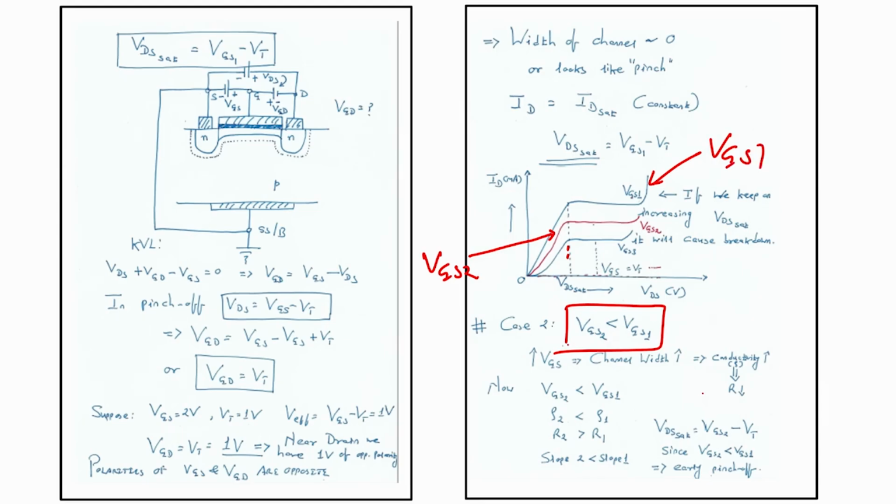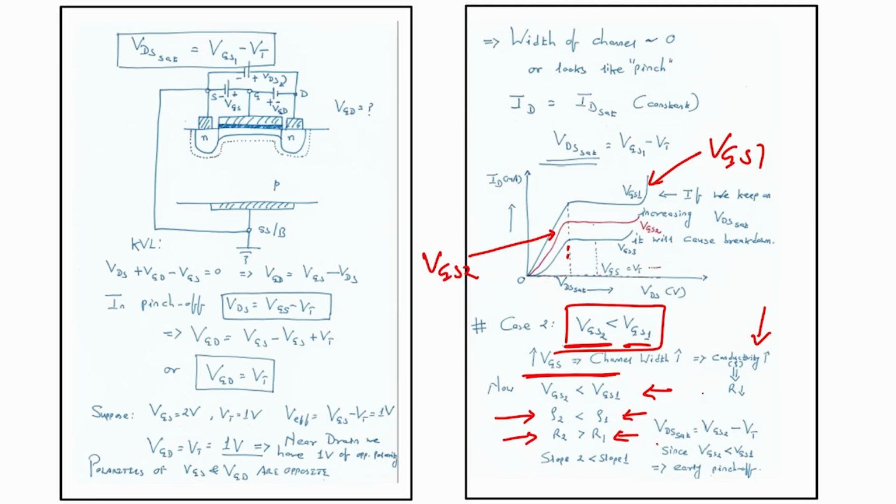Okay. So, let us consider this case, VGS2 is less than VGS1, that means the channel width is smaller. If I increase channel width, my conductivity would increase or my resistance would decrease. Now, when VGS2 is less than VGS1, that means my resistivity at 2 is greater than resistivity at 1, or R2 is greater than R1, right.